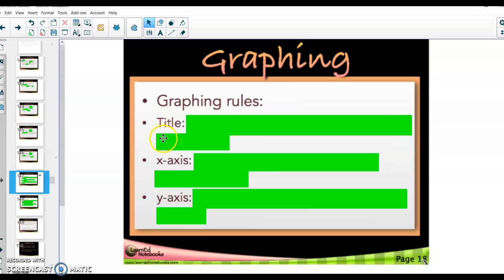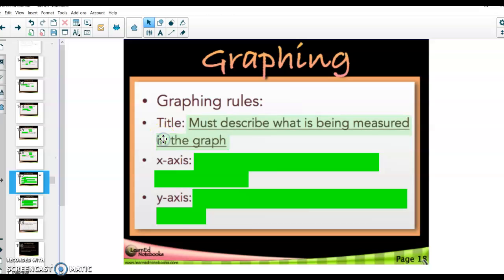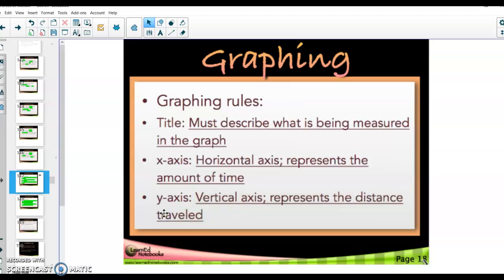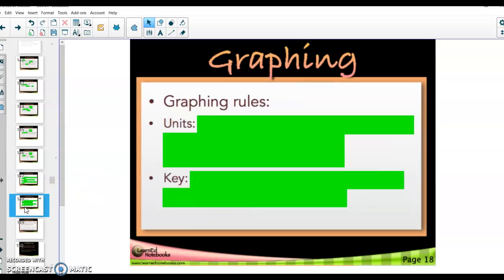Graph rules. All graphs should have a title. It must describe what is being measured in the graph. It has an x-axis, and it's going to represent the amount of time. And so the y-axis is going to represent the distance. Then you have units.